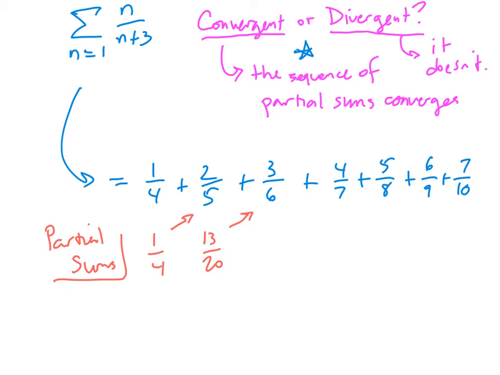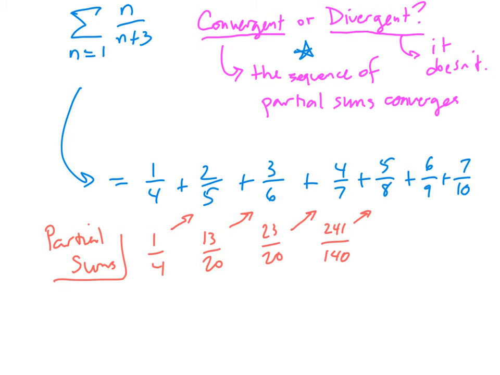Adding 3/6, since 3/6 is 1/2, gives the sum of the first three terms as 23/20. And then adding 4/7, the arithmetic's getting a little unwieldy, but I think I get 80 plus 161, that's 241 over 140. Correct my arithmetic if you feel like it.